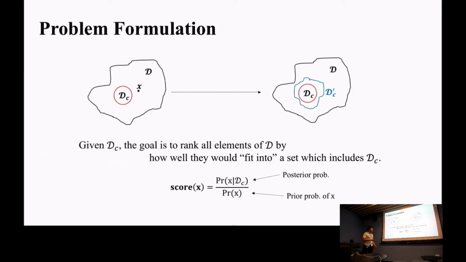And you can do that through this score function. Basically, it's measuring how well the item x fits into the query set D_C. It is defined as a ratio between the posterior probability of item x given D_C divided by the prior probability of the item x.